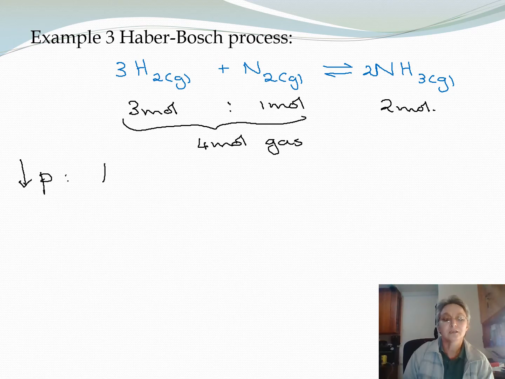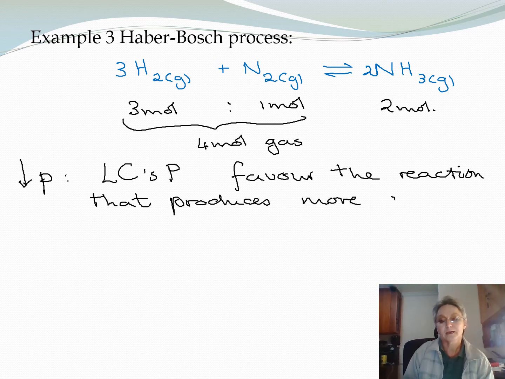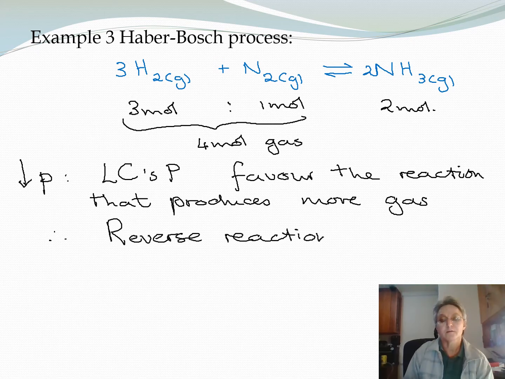According to Le Chatelier's principle, a decrease in pressure will favor the reaction that produces more gas. Now, if we look at the reaction equation, that is the reverse reaction will be favored.